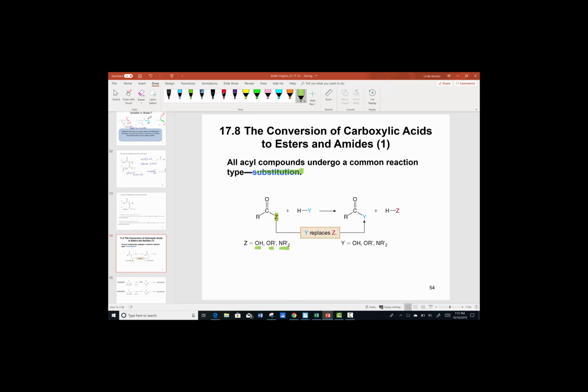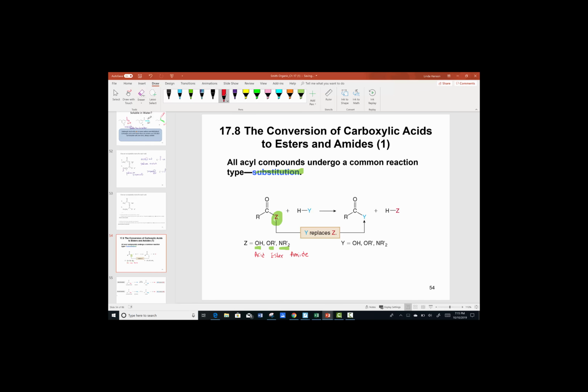So whatever Z is, if Z is an OH, we know it's a carboxylic acid. If Z is an OR, we know to name that as an ester. And if Z has the nitrogen in place of the oxygen, we've learned to label that as an amide.